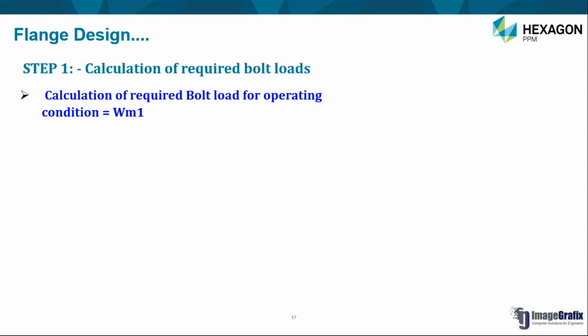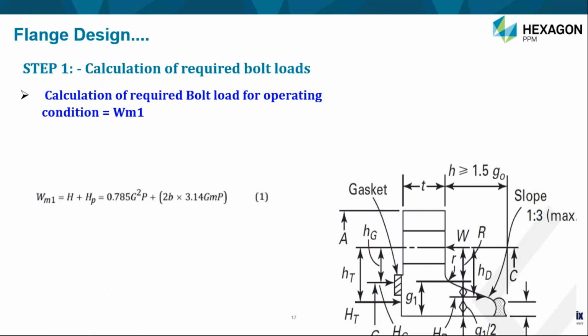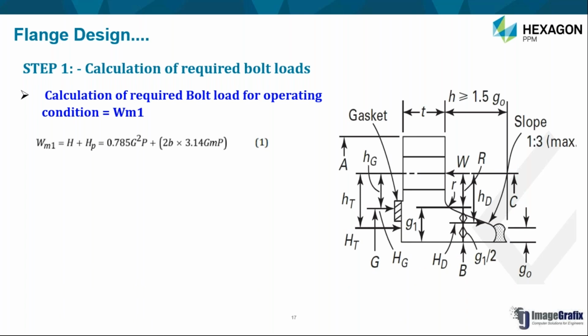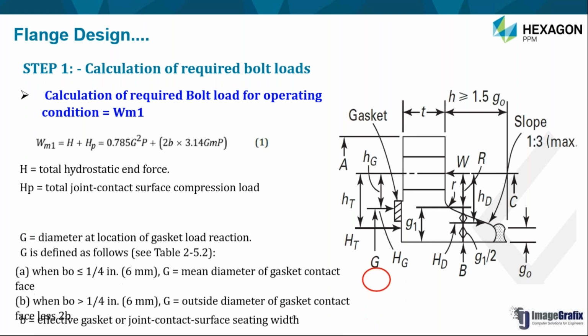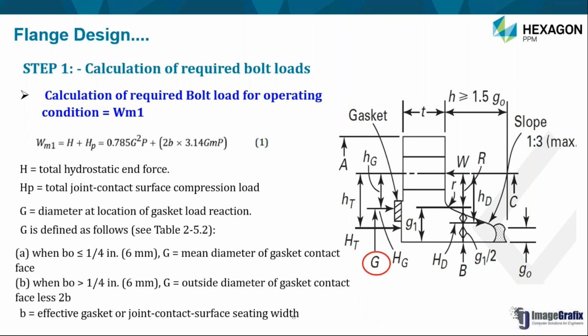The first step is to calculate the required bolt load. For the operating and gasket seating conditions, we are going to calculate the bolt load. First is the operating condition, which is your WM1. The formula is H plus HP, where H is the total hydrostatic end force and HP is the total joint contact surface compression load.